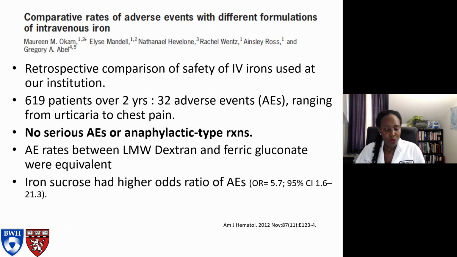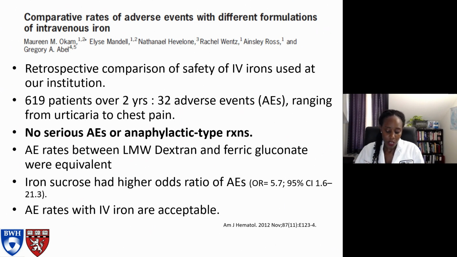The AE rates were similar between low molecular weight iron dextran and ferric gluconate, slightly higher from using iron sucrose, but we concluded that all the IV iron formulations we use are acceptable, and we use these quite judiciously, but quite often, and with much benefit.